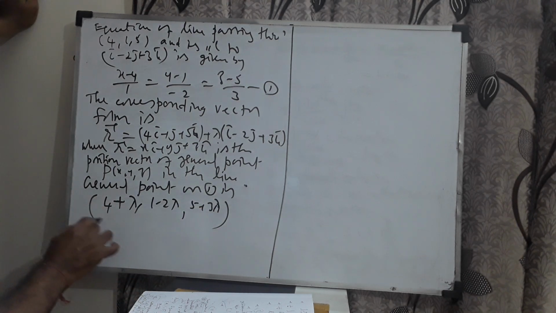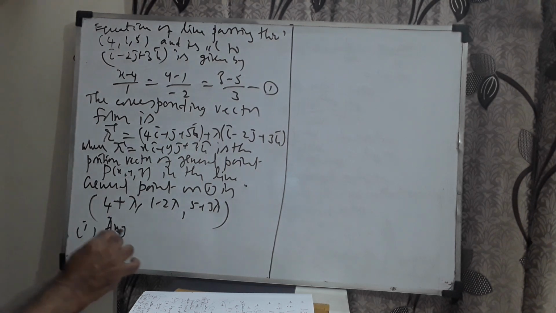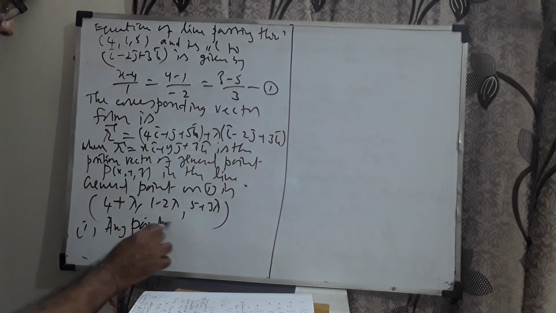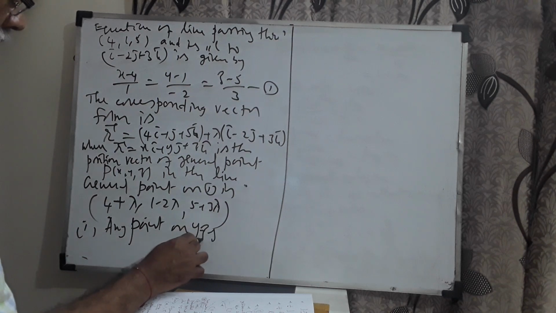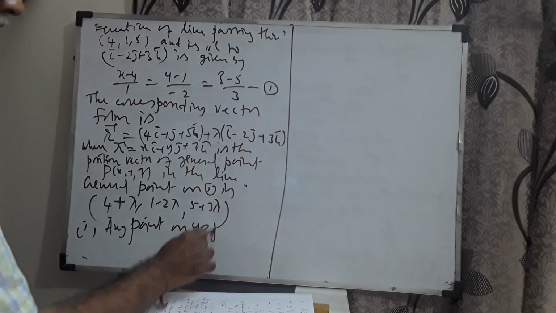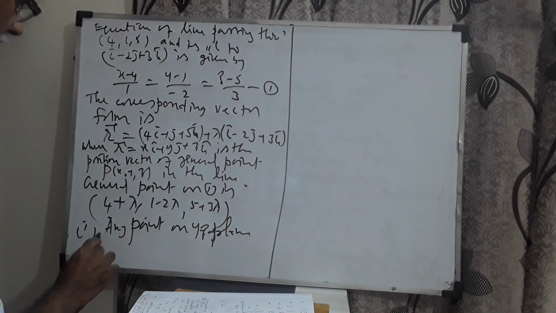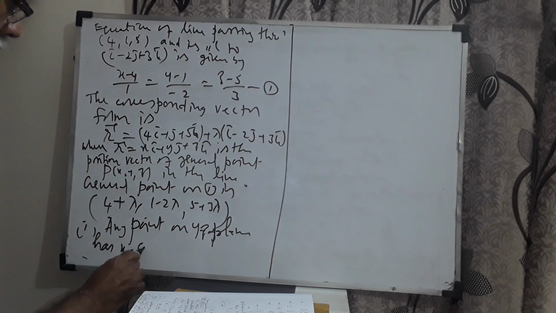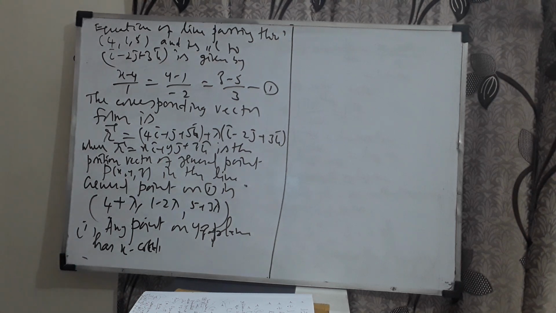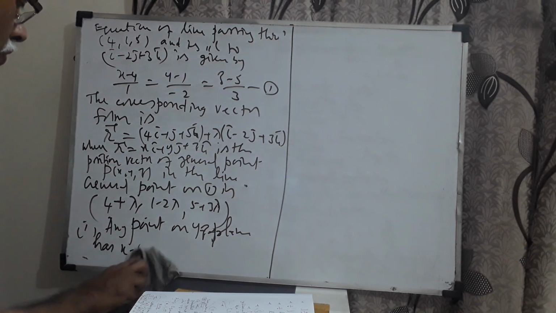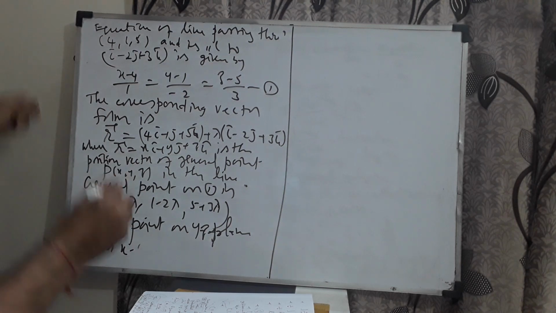Now first subdivision: where this line intersects the YZ plane. Any point on the YZ plane has x coordinate to be 0.